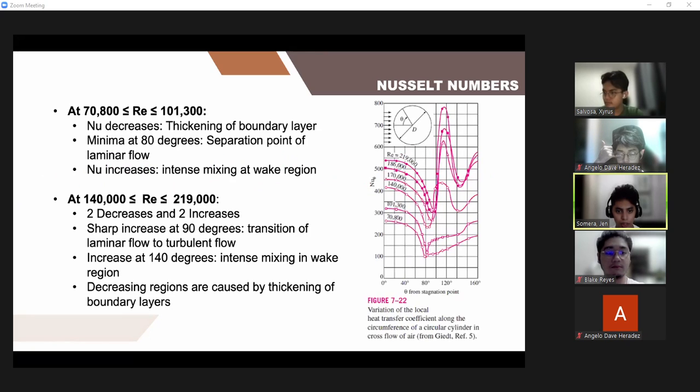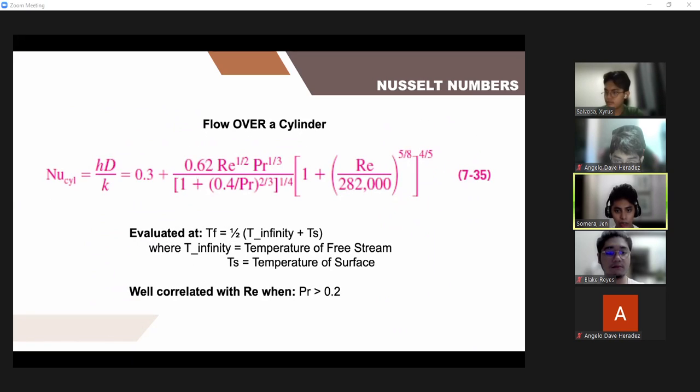The curves reach 2 decreases and 2 increases as the angle increases. The first sharp increase is reached at around 90 degrees, where there is a transition from laminar flow to turbulent flow. The second low point is reached due to the thickening of the boundary layer again, until it reaches an angle of 140 degrees, which is the turbulent flow's separation point. After this, it increases due to the mixing of the wake region.